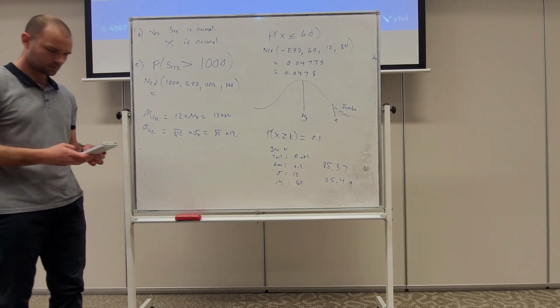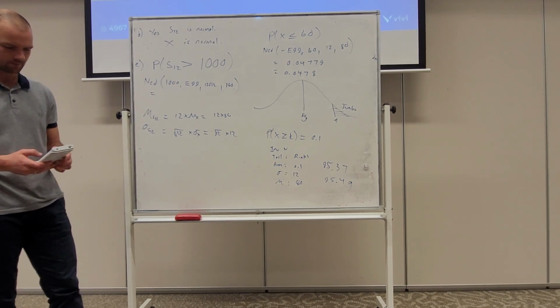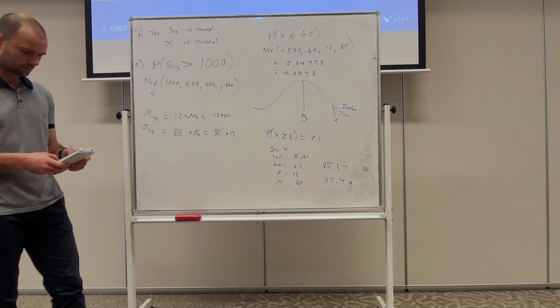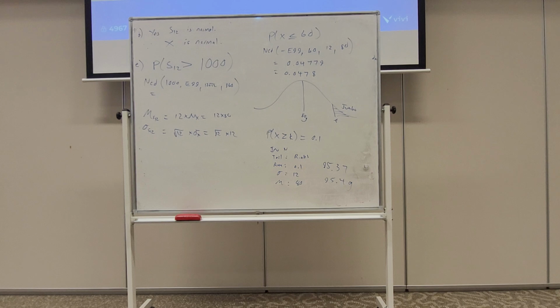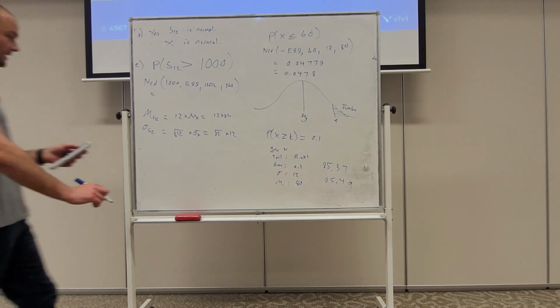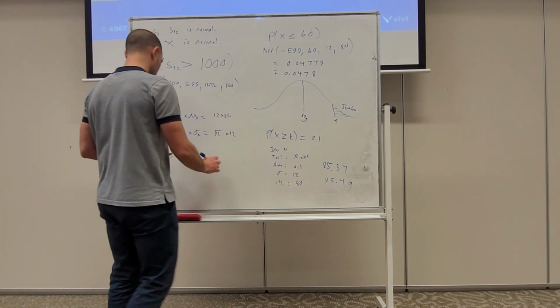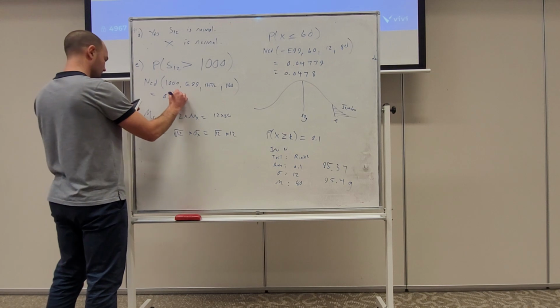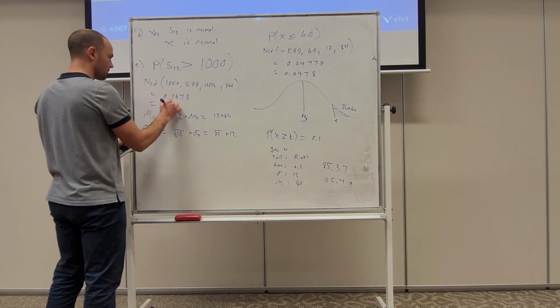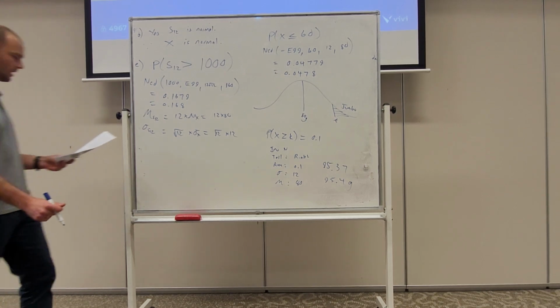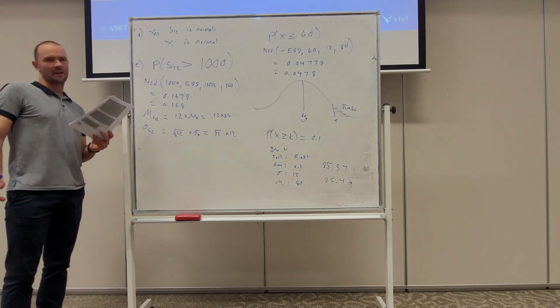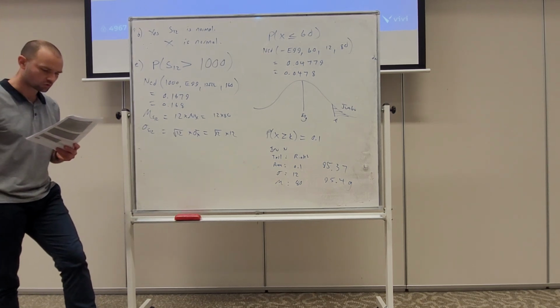So 1,000 to infinity, 12 root 12. We've got 0.168.